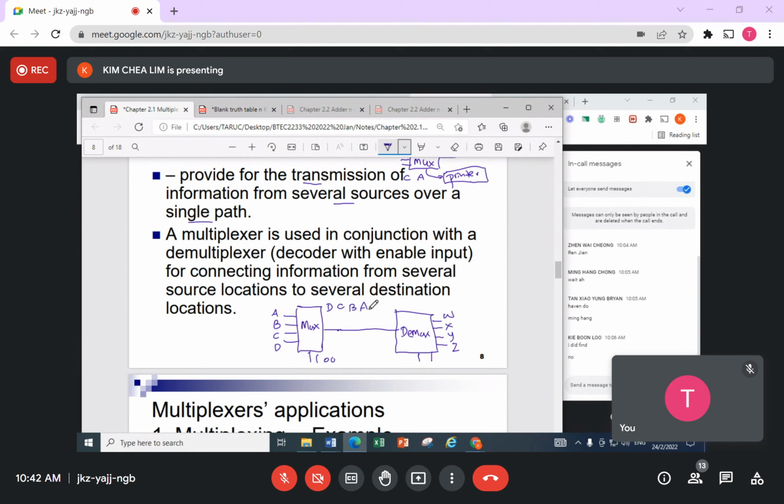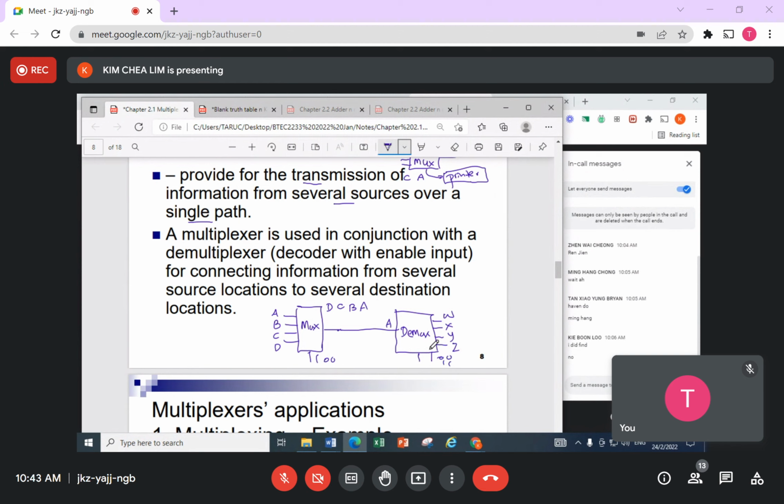Where do you want A to go to? When A is here, it depends on your selector's conditions. So of course, these two you have to program correctly and synchronize properly. If you want A to go to W, make sure you synchronize here, start off with 0, 0. Then followed by B, if you want it to go to Z, which is 1, 1 at the selector here.